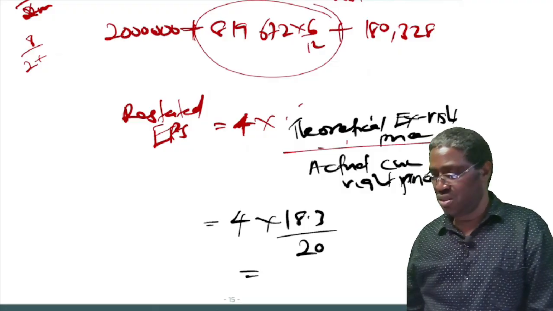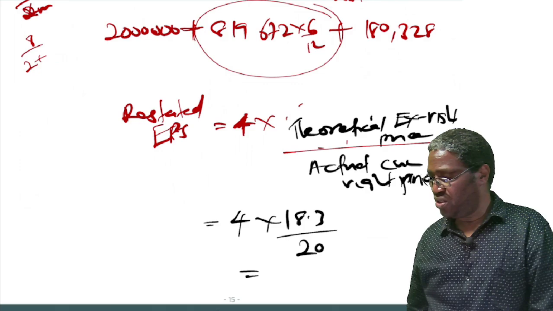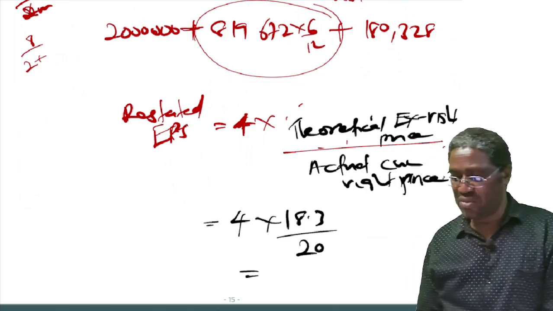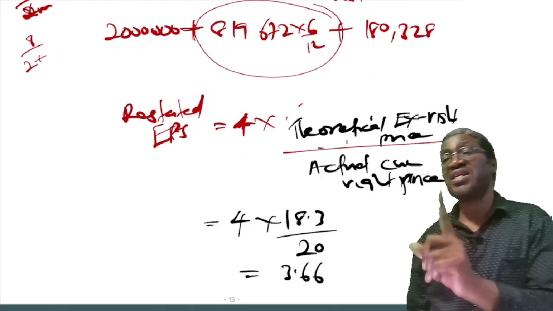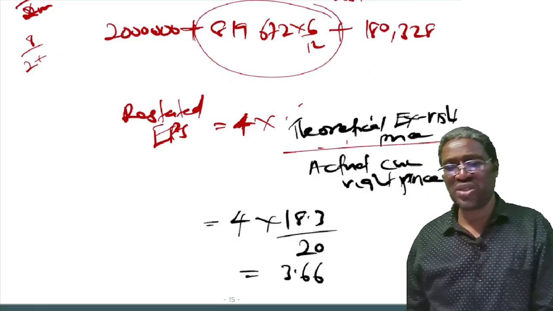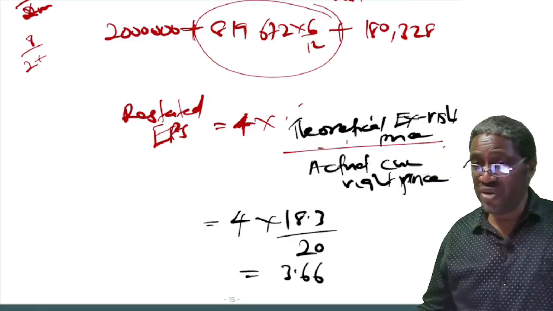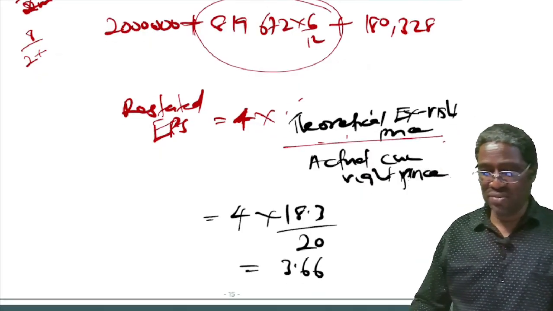This would be 4 shillings times 18.3, divided by 20. This comes to 3.66. That's how you restate the EPS of the previous year. Good. I hope everything is okay now.